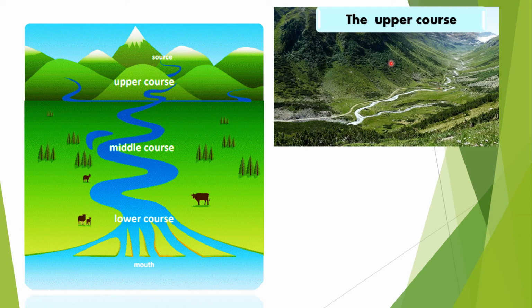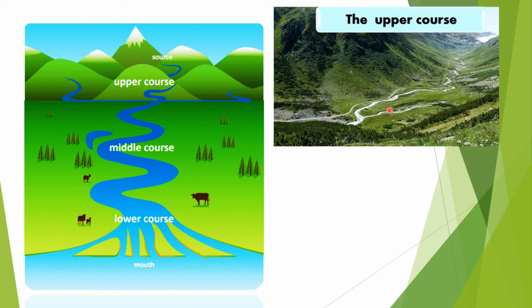Okay, so there are three points you have to remember about the upper course. First, the journey of a river starts from the upper course. The place from where the river starts flowing is known as the source or origin of the river. Second, it covers highland or mountains.